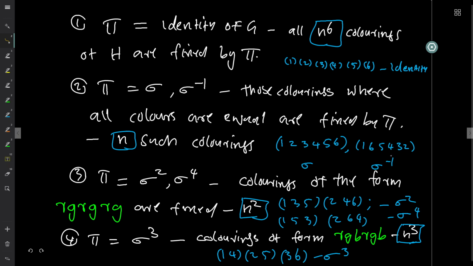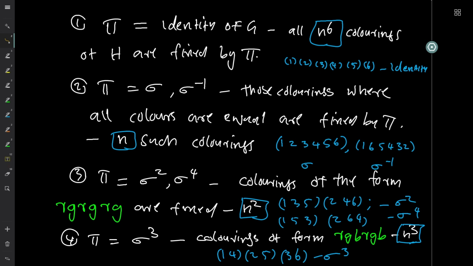For each permutation, you can verify that it is the case. For example, sigma square or sigma raised to 4: sigma square has two cycles, so the exponent is 2 for n, n raised to 2. Sigma raised to 4 also exactly the same. And sigma cube has exactly 3 cycles, 1, 4, 2, 5, and 3, 6. And therefore, we have exactly n cube colorings.